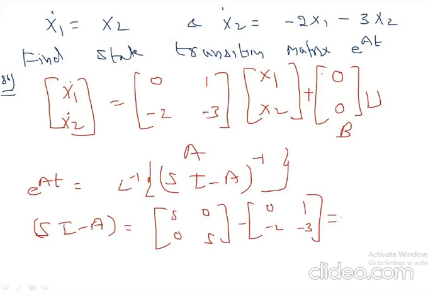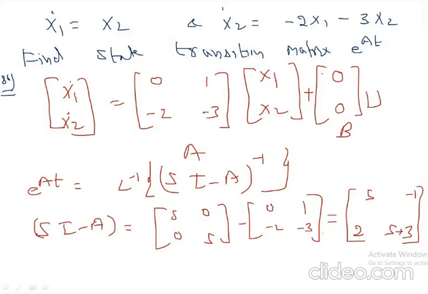If you do the simple mathematics, you will get sI minus A as s, minus 1, then 2, and s plus 3.